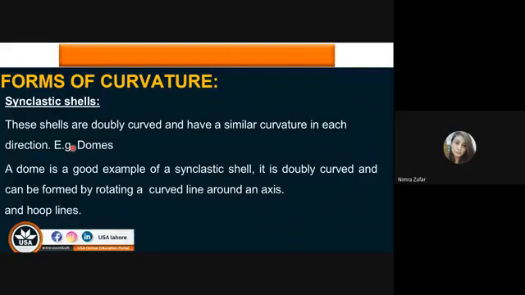We have two curves in that, one from the x plane and one from the y plane. A dome is a good example of a synclastic shell. It is doubly curved and can be formed by rotating a curved line around an axis and hooped line.